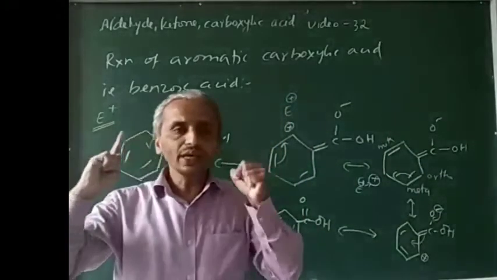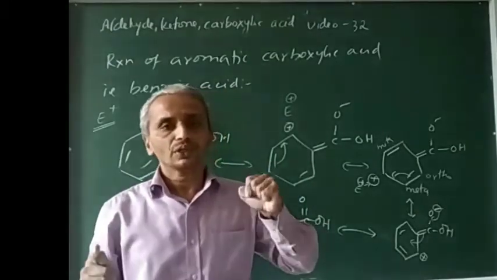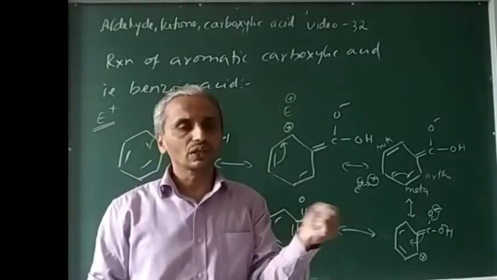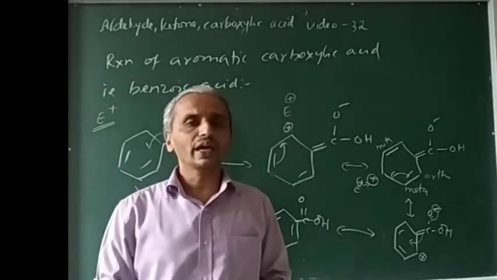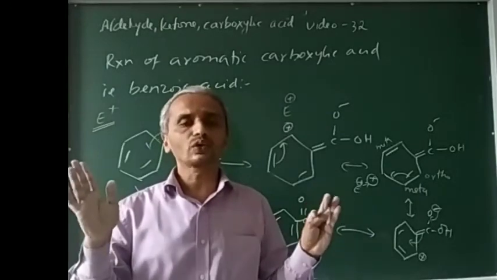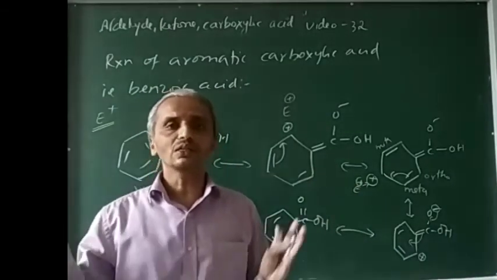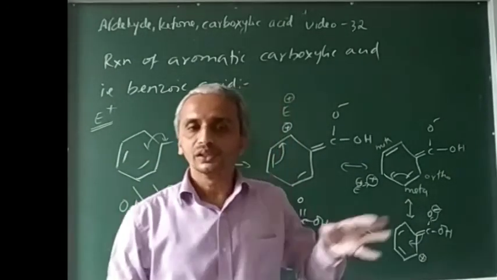So, when the benzoic acid is treated with concentrated HNO3 in presence of sulfuric acid, or if you go for the bromination, I get the meta electrophile substituted product rather than the ortho or para. What is that?